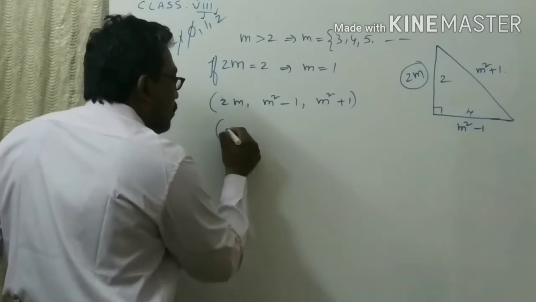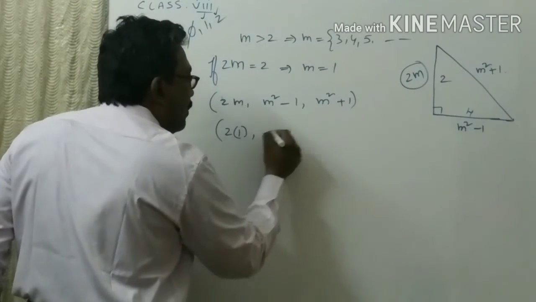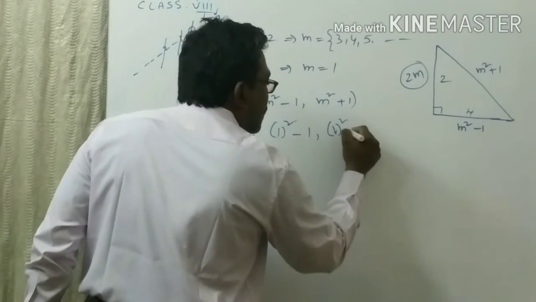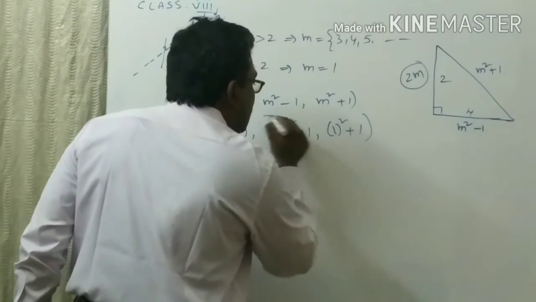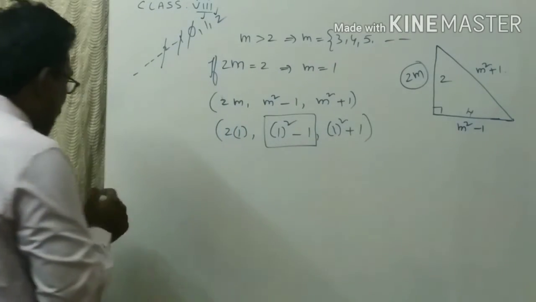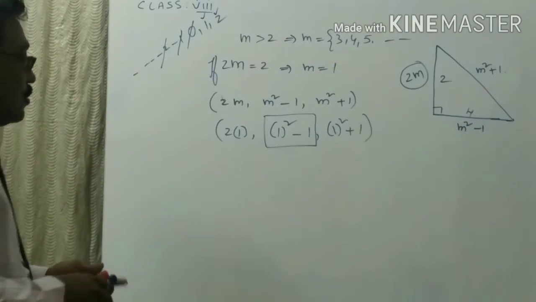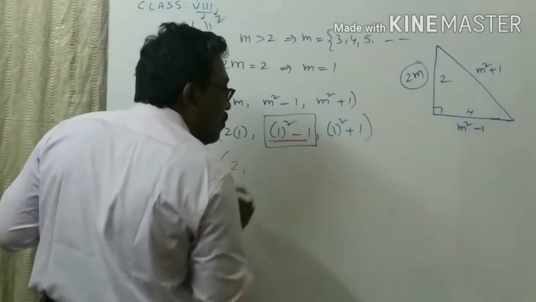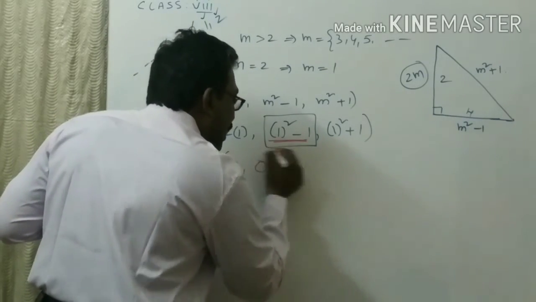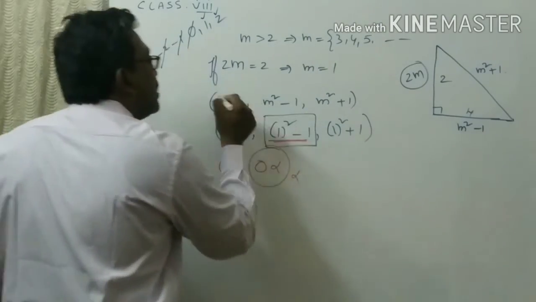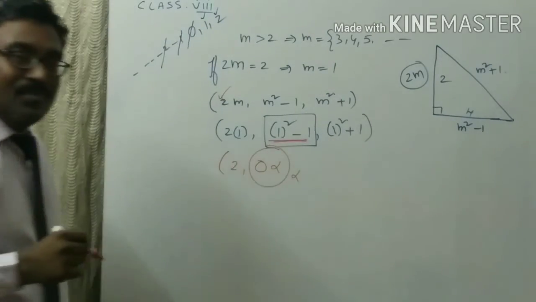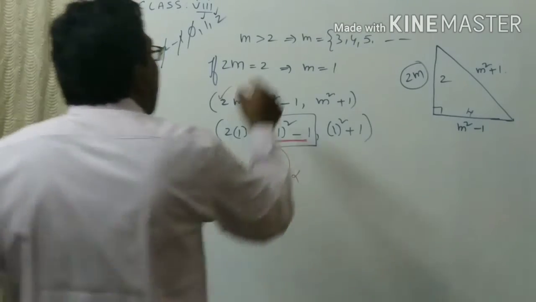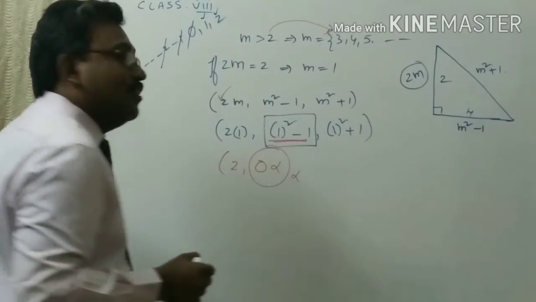Now, 2m is 2 into 1, m means 1, 1 square minus 1, 1 square plus 1. Now, see here, 1 square minus 1 is how much? 0. Here, this formula is failing. The formula is correct when m values are greater than 2.